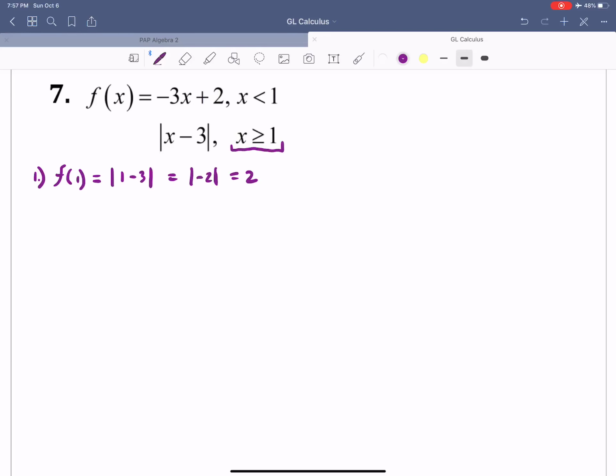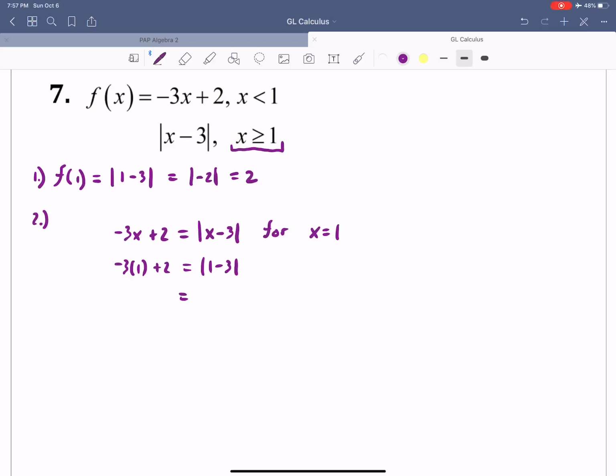Now here's what we do next. For part 2, we set each one of these equal to each other: 3x plus 2 equals the absolute value of x minus 3. And then we test this for x equals 1. As I plug 1 in for x on both sides, I get negative 3 times 1 plus 2 equals 1 minus 3.